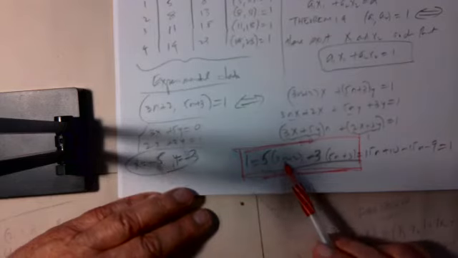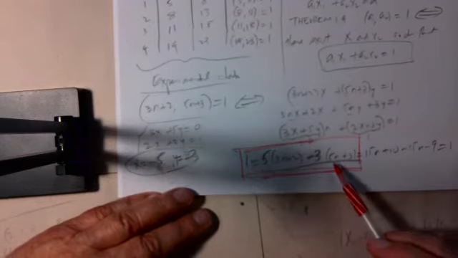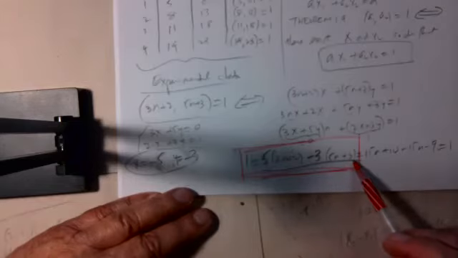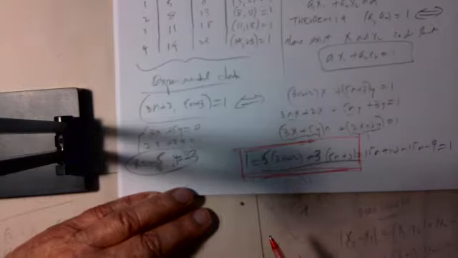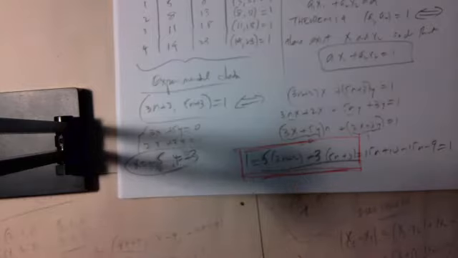So I have something times 3n plus 2 plus something times 5n plus 3 is 1. That means that these two numbers are relatively prime. So that's a proof.